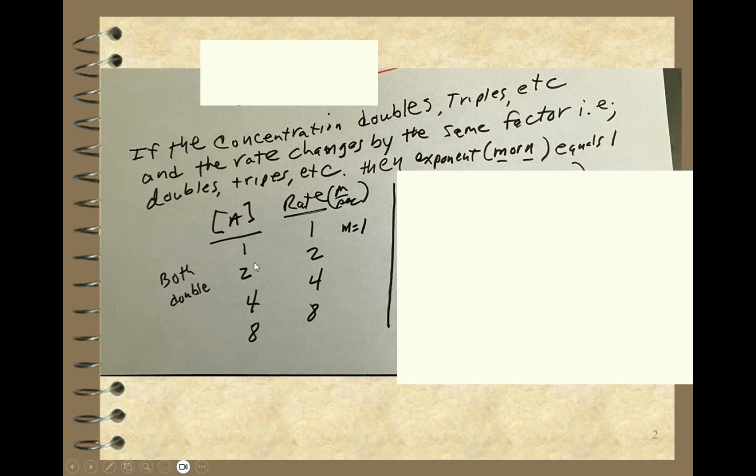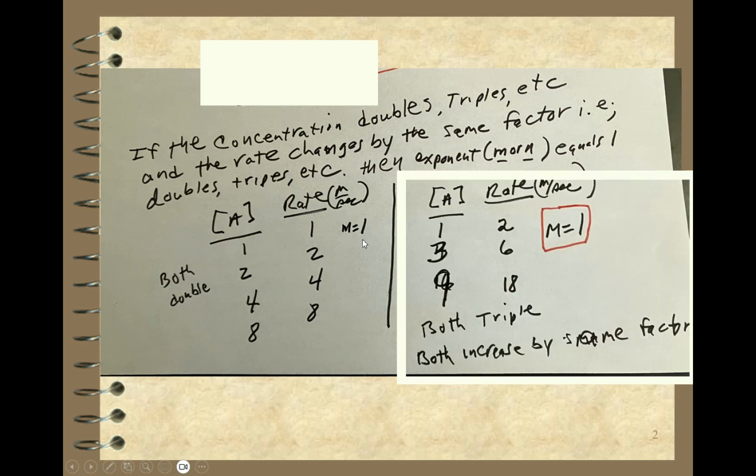If the number you're multiplying these by, in each case, is the same as the number you're multiplying these by, m is equal to 1. In other words, if this doubles and this doubles, as you can see here in each line of the experiment, then m is 1. Let's say if the factor was 3.